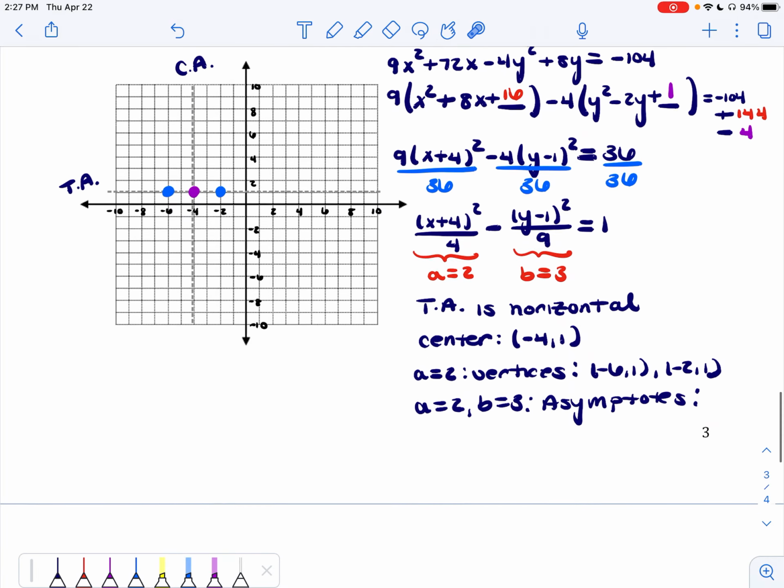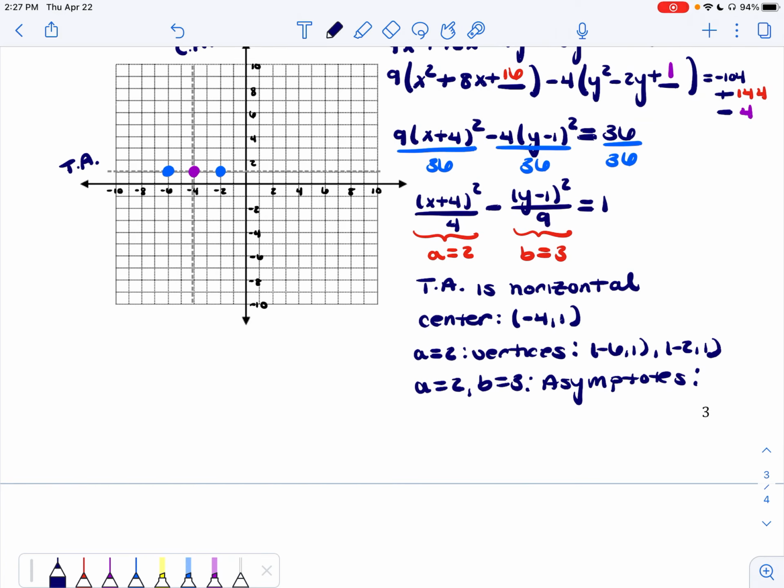So for us, we are going to have y minus 1 is equal to plus or minus 3 over 2 times the quantity x plus 4. Now I'm going to leave the equation of my asymptotes in that format. You might be tempted to solve for y, rewrite it in slope-intercept form, but honestly, it's going to be better if you just leave it in this format right here, because then we can just count from the center.